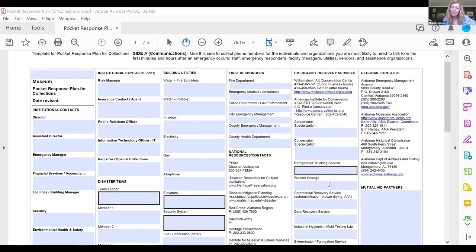The other option is to move your collections that are wet or damaged to a company that has freezer storage. You can Google that and see if you can find service providers. A commercial recovery service, for dehumidification, for freeze drying, for drying out anything else, look for these kinds of service providers. There might be ones that clean up after fire.